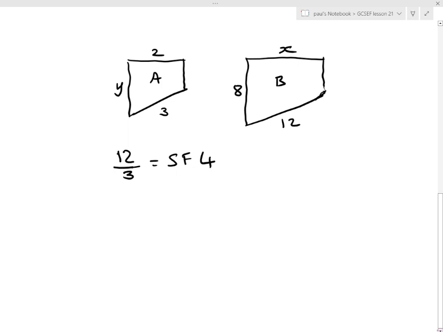If we want to find x, we just go 2 times the scale factor of 4, which equals 8. If we want to find y, we go 8 divided by the scale factor of 4, which equals 2. So we can find the unknowns quite easily.